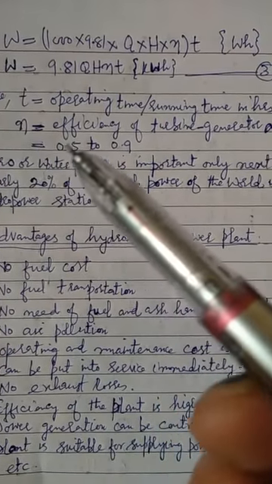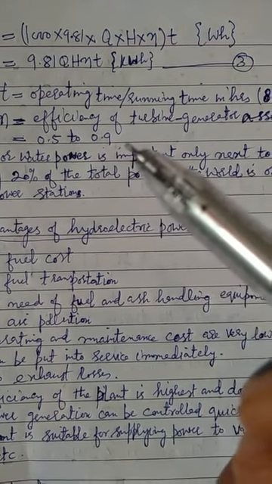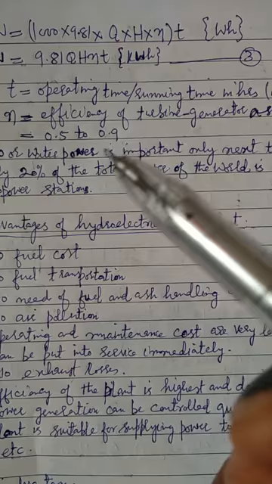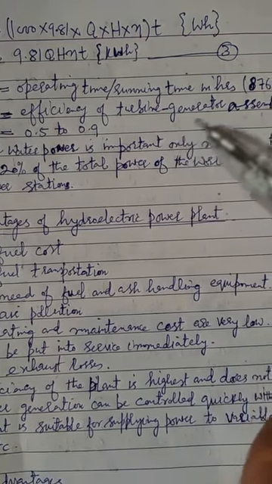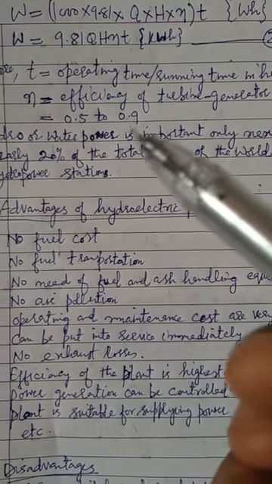Now the efficiency of hydroelectric power plants ranges from 0.5 to 0.9. That is the efficiency of the turbine generator assembly, the hydroelectric power plant, and it ranges from 0.5 to 0.9.